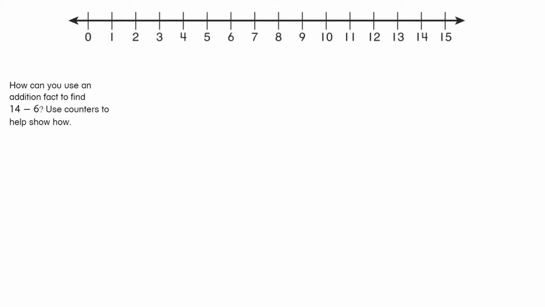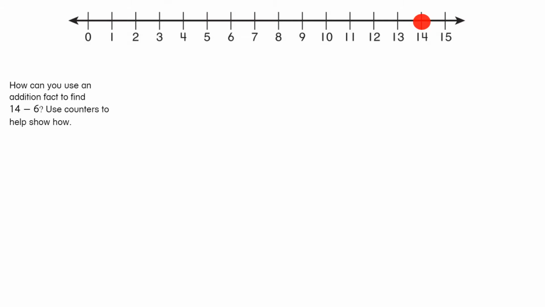Well, one way is we can use our number line. And what were some of the strategies that we learned in addition? We learned how to count on, and we learned how to count back. Okay, and these can be used for addition or subtraction.